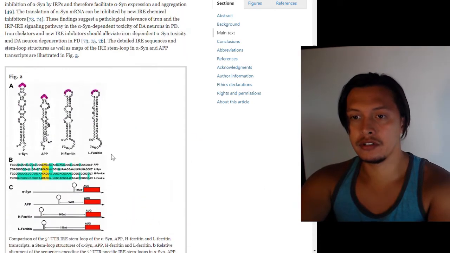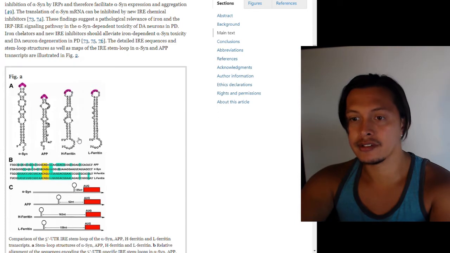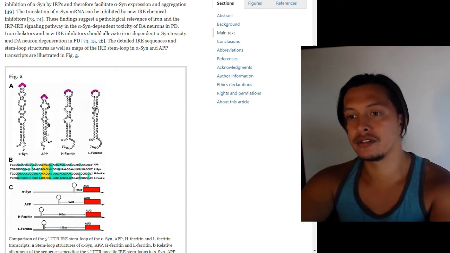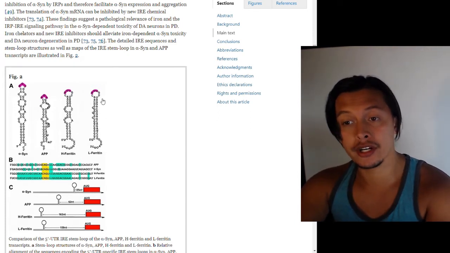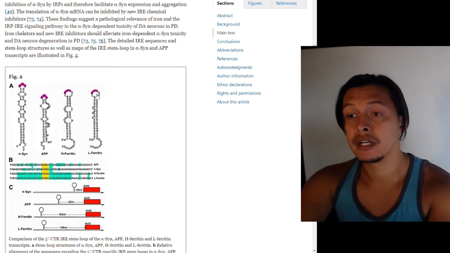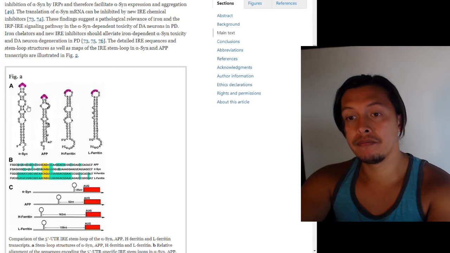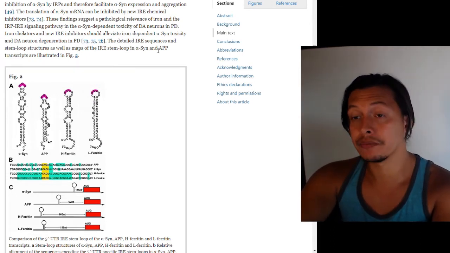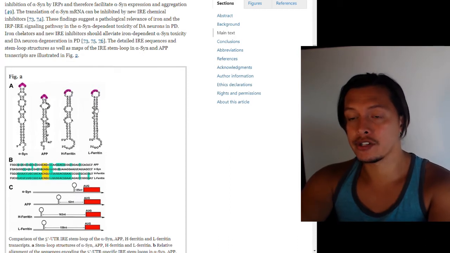So a computer can look at the mRNAs and see if there are large areas of pairing, and these large areas of pairing can determine whether or not you have secondary structure in a certain location of the mRNA.